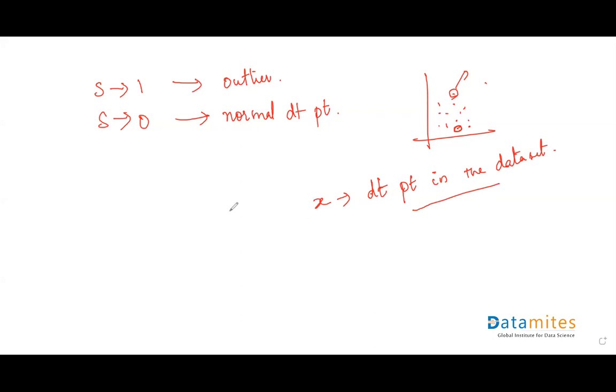So you cannot always say that an outlier will be based on only one feature or one column. Sometimes when combining the features, we can get the outlier. When you combine multiple features, you will get outliers. So let's say we have X1, X2 in our data set.